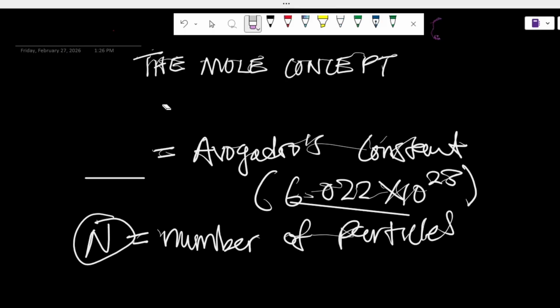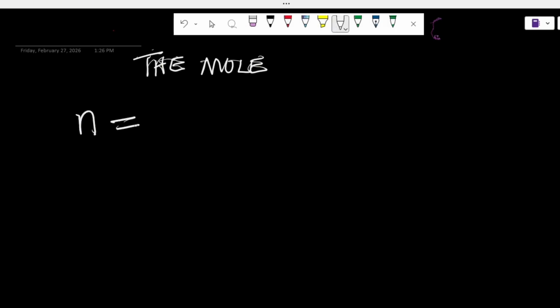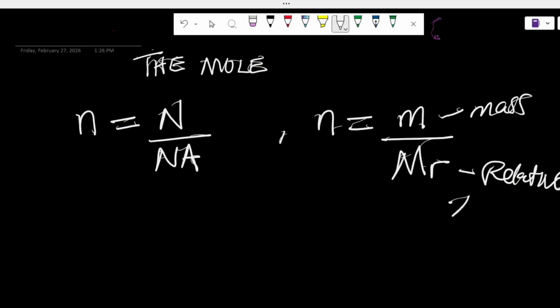Now with this, there are a few formulas that you need to be familiar with. This n, which is the number of moles, is equal to the number of particles over Avogadro's number. Or sometimes you can calculate the moles using this particular formula. Moles is equal to mass over Mr. So this is mass, and this is the relative molecular mass.